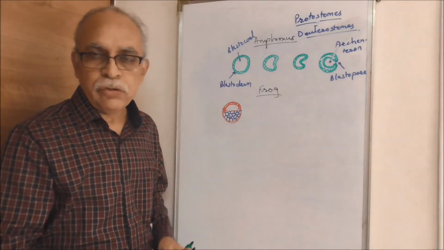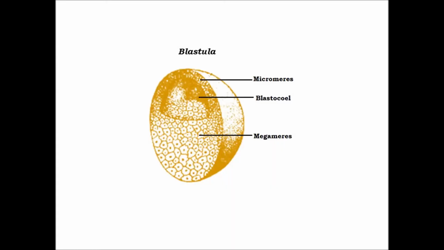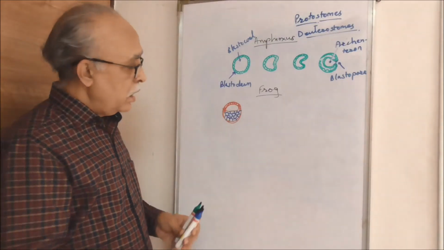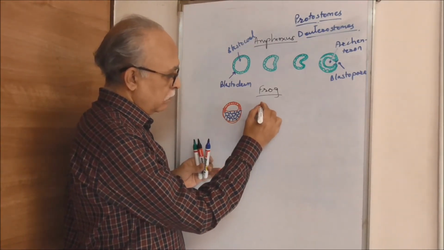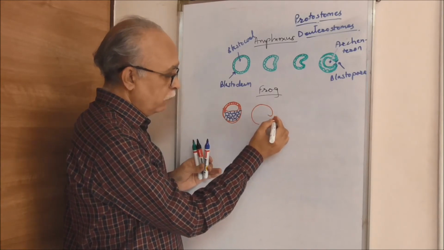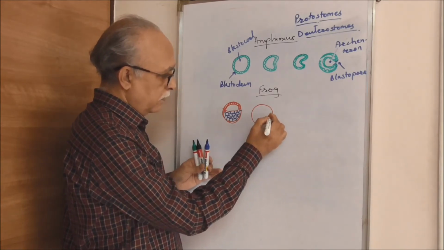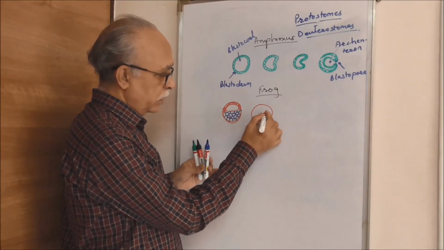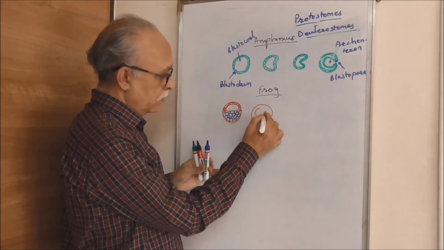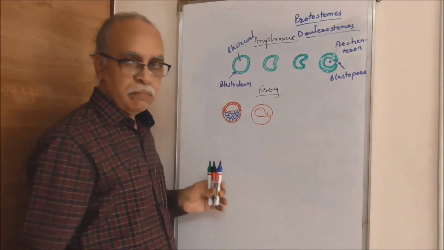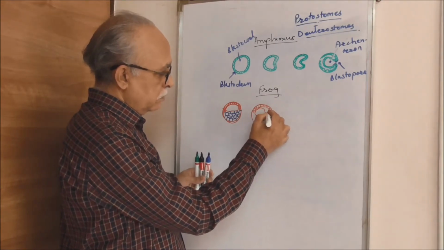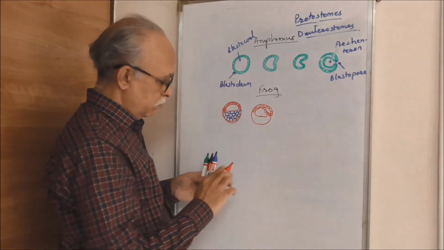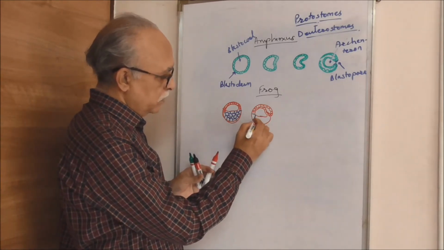This is the blastula stage. Now, in this blastula, what happens in the next phase? A small involution starts from here. The layer has started involuting. Rest of the cells will remain as they are. Megameres would be seen here.